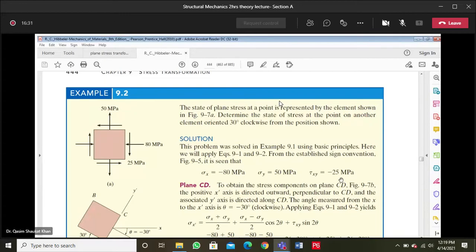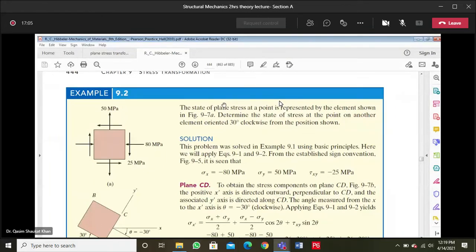So the shear stress we have is minus 25 megapascals. So I repeat, the state of plane stress at a point is represented by the element shown in the figure. So from this element we know that sigma x is minus 80 megapascals, sigma y is 50 megapascals, tau xy is minus 25 megapascals.